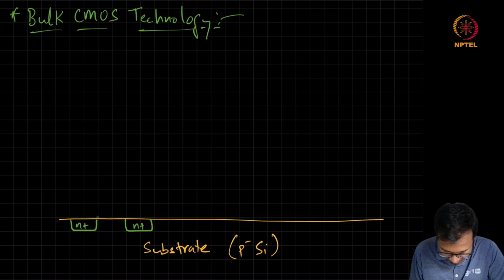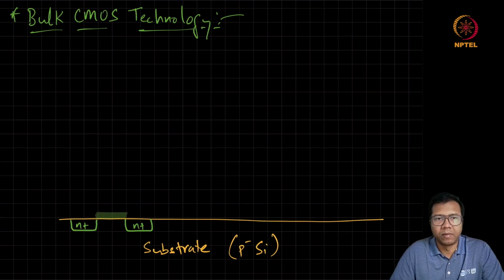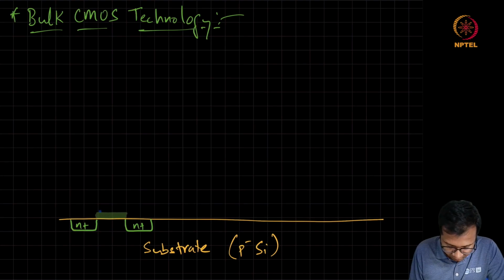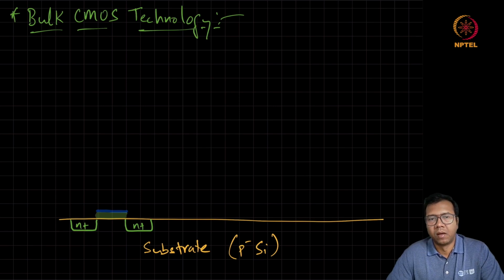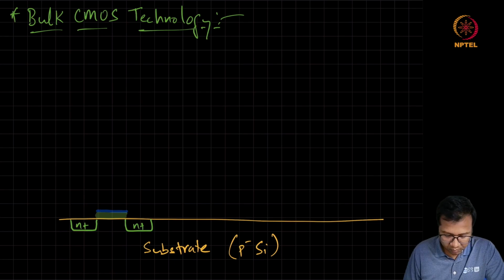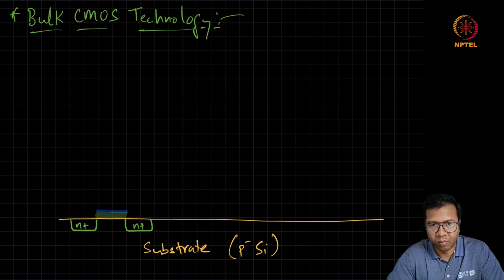Then there will be a gate oxide, and on top of the gate oxide, the gate is formed with the help of a highly conductive material. Many times it can be a highly doped polysilicon which has been deposited, or it can also be some metals. So this is how the cross section will look around the substrate.